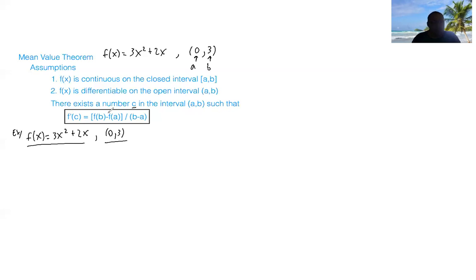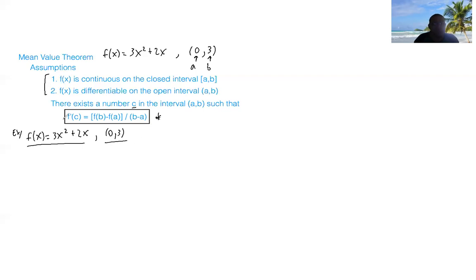All we're doing really is filling in, given that the first two assumptions are satisfied, and we know that we satisfy those conditions because we are working with a polynomial. So hence, because this is a polynomial, we know that it's going to be continuous and differentiable, right?